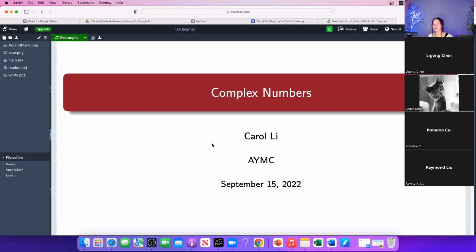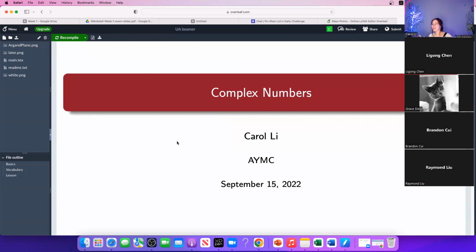This one is also very helpful for AMC 12, actually more so. It also helps with AMC 10. There have been AMC 10 questions that focused on complex numbers, but you don't exactly need to know slightly more complex stuff about complex numbers.